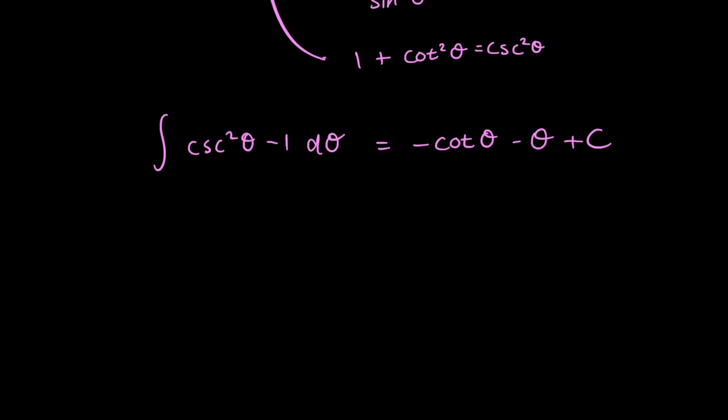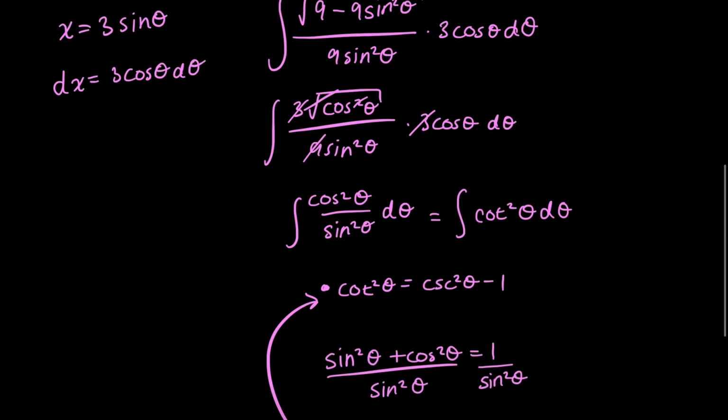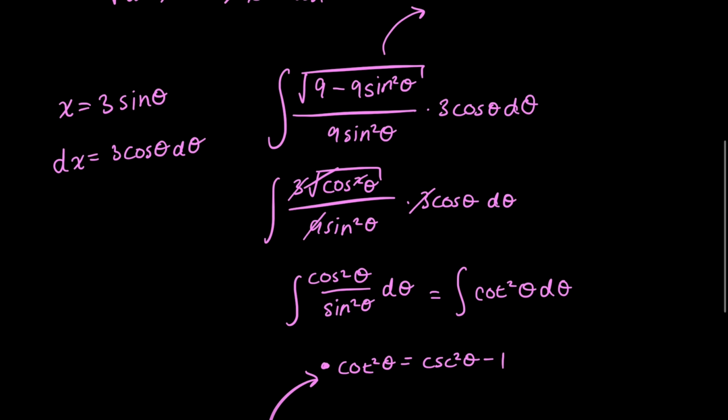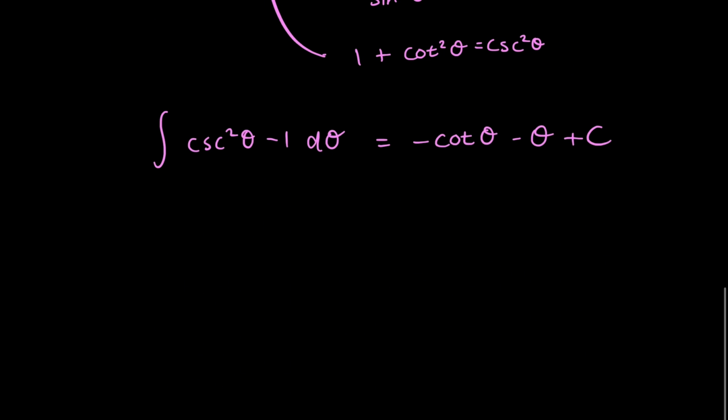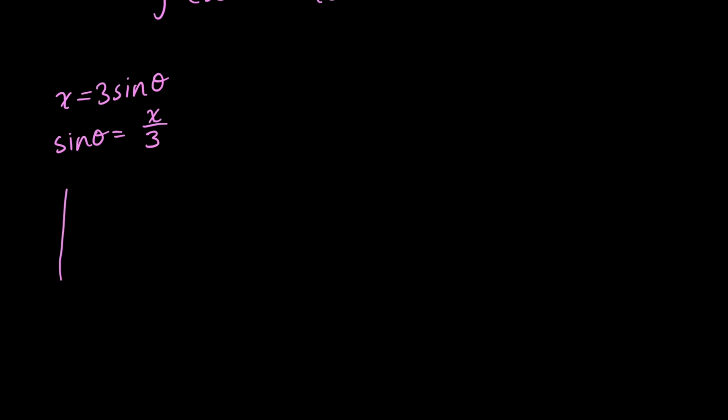How do I do that? Well, let's go back to the definition. I defined x as 3 sine theta. So then sine theta is equal to x over 3. I can create a triangle out of this. So I'm going to draw my right triangle.